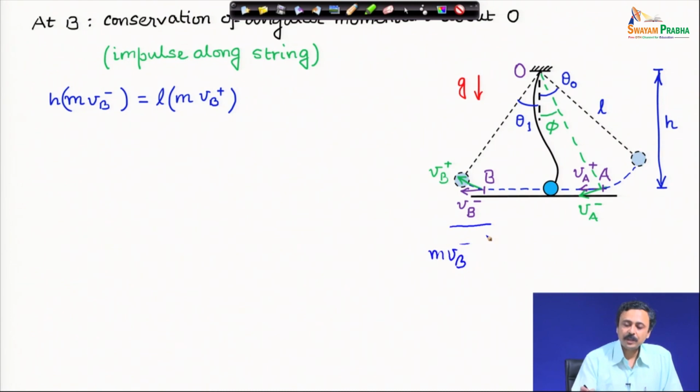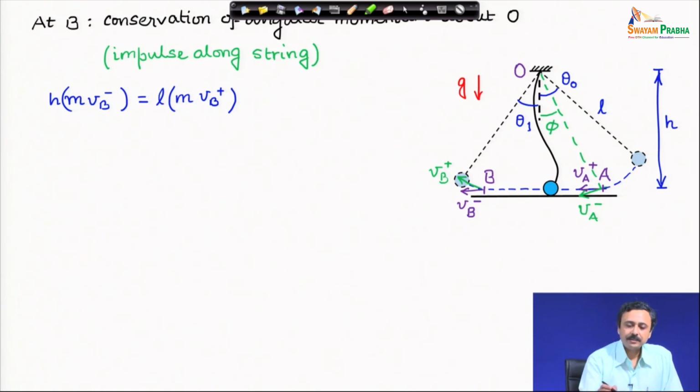The moment of linear momentum about O must be the perpendicular distance from O to the line of velocity, and that perpendicular distance is h. Therefore, h times m v B minus is the moment of linear momentum about O. That is the left hand side.